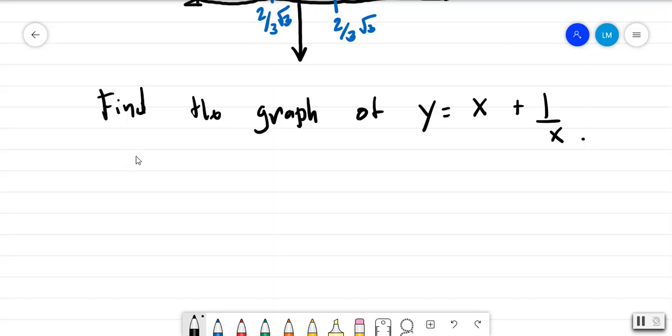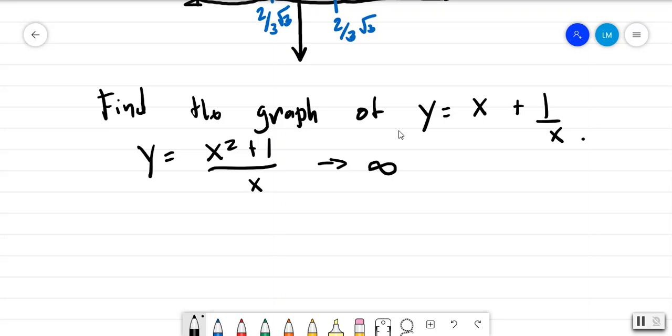Well, this is kind of interesting because if we were to rewrite it like x squared plus 1 divided by x, I already know that as it goes to positive infinity, it goes to positive infinity. But as it goes to negative infinity, it's actually going to go to negative infinity in this case.